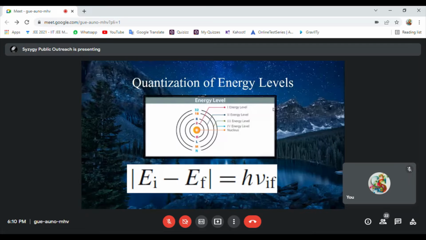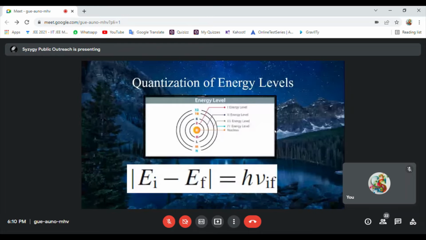So this formula right below the picture tells you the relation between the change in the energy of the electron and the frequency of the electromagnetic radiation it emits. Here h is the Planck's constant, and nu is the frequency of the radiation emitted by it, and Ei and Ef are the initial and final states of the electron.